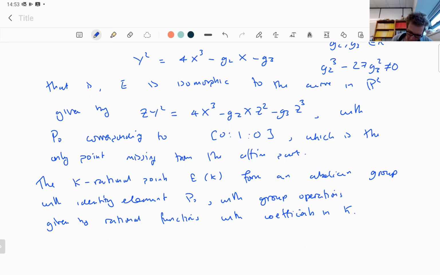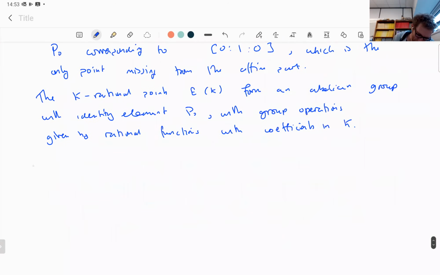So what we're going to do is prove a special case of the following. This is due to Raynaud. I'm stating it in a more general case than we will prove it. Let A be an abelian variety.